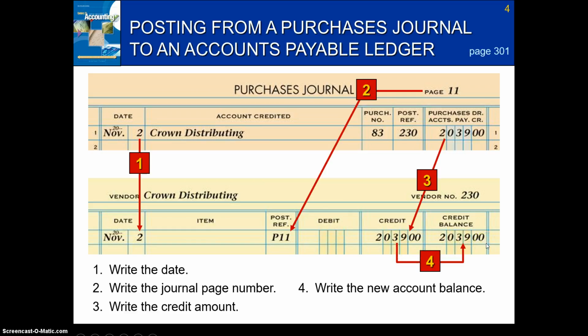So we now have a credit balance, which means, remember, an accounts payable is a liability, so it has a normal credit balance. So we owe Crown Distributing $2,039.